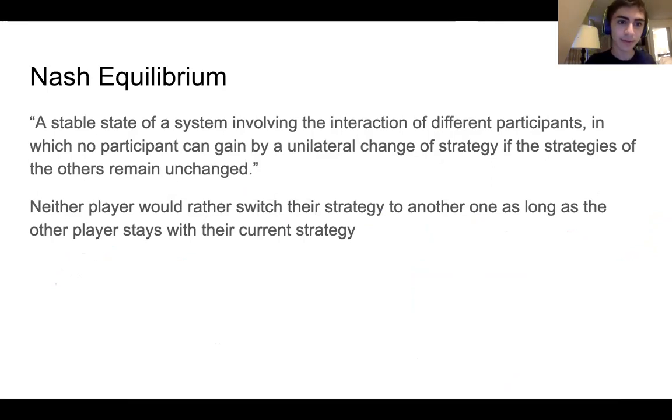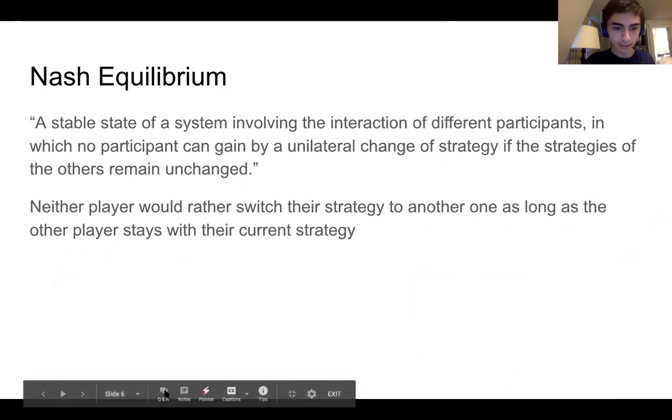The Nash equilibrium is a stable state of a system involving the interaction of different participants in which no participant can gain from a unilateral change of strategy if the strategies of the others remain unchanged, which is just a nice way of saying that neither player would rather switch their strategy to another one as long as the other player stays with their current strategy.